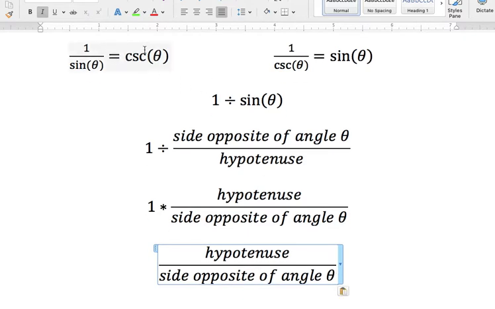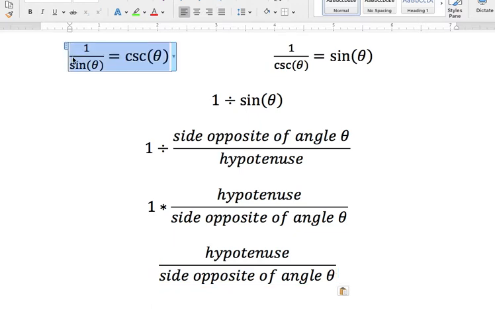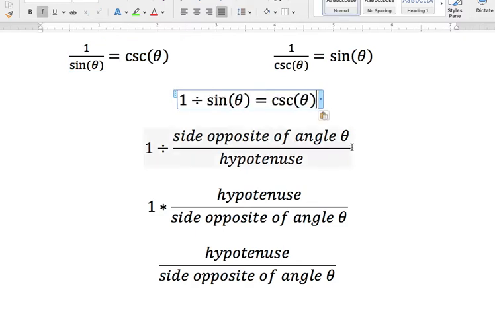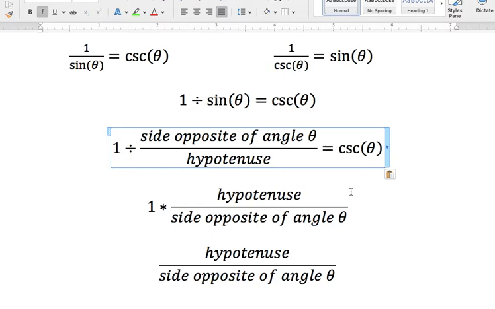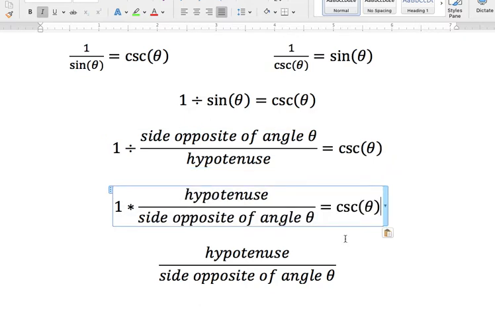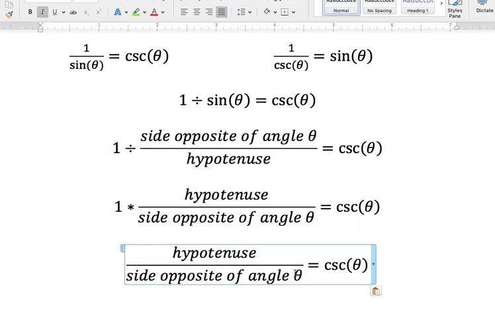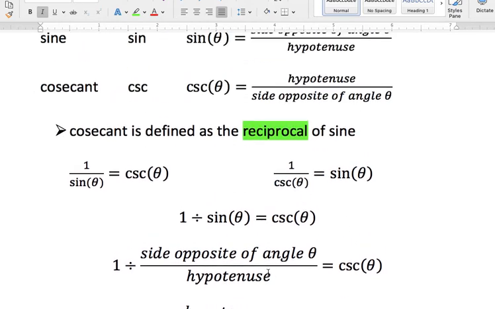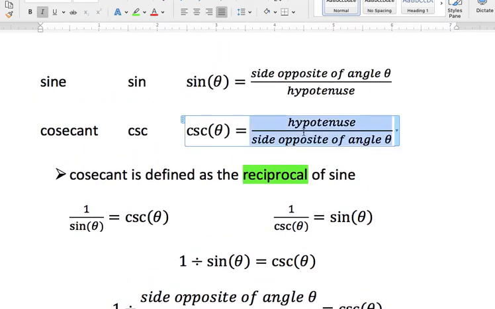Let's go back up here. I was trying to show you how 1 divided by sine was equal to cosecant. So we started off with 1 divided by sine is equal to cosecant, which meant cosecant is equal to hypotenuse divided by the side opposite of theta, which is right here.